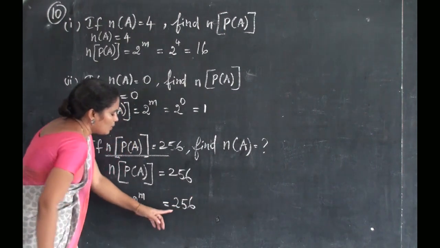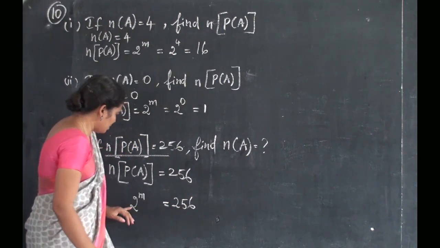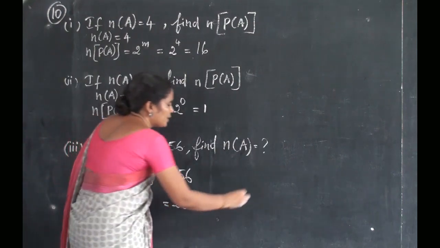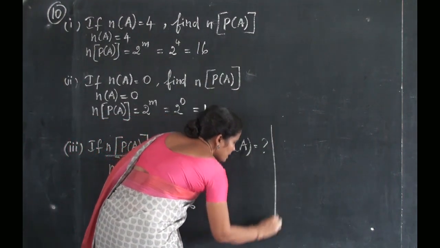Now convert 256 into base 2 and find out the number of members present.